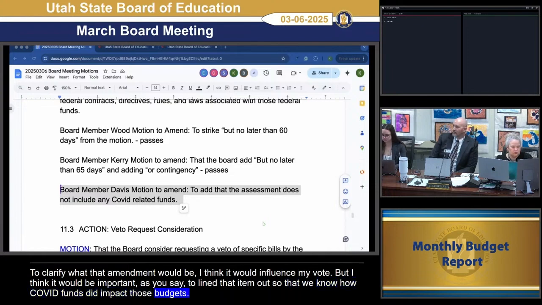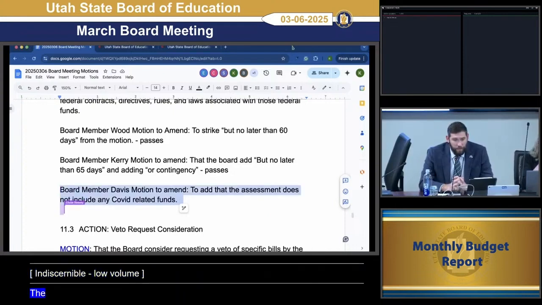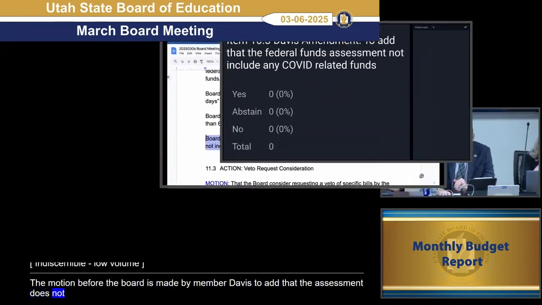Well, the motion before the board then, made by Member Davis, is to add that the assessment does not include any COVID-related funds. Let's vote.